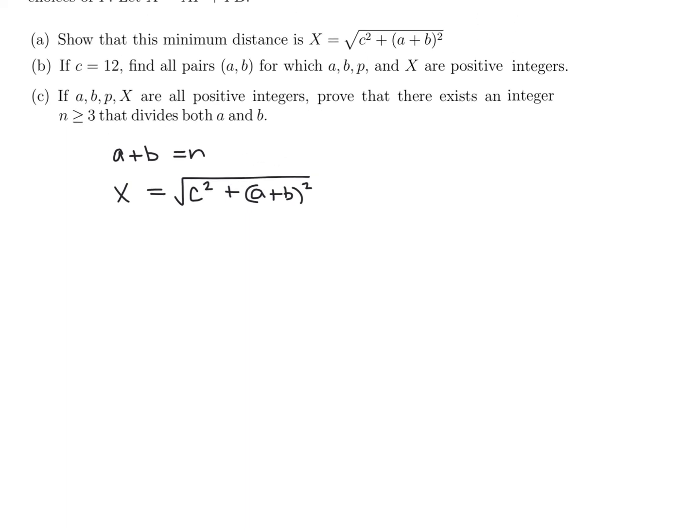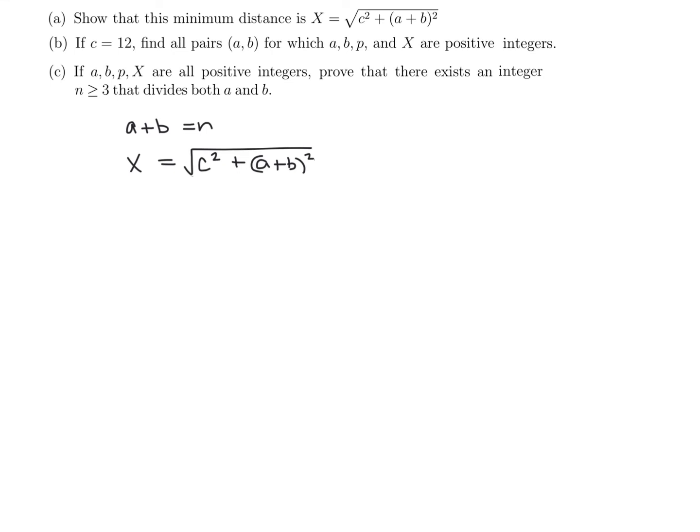That's what we had in our previous part. So with the substitution, it will be the square root of C squared plus n squared. Square both sides, and you get x squared is equal to C squared plus n squared. And then C, they told me, is 12, so I can make that substitution. X squared, therefore, is 144 plus n squared.